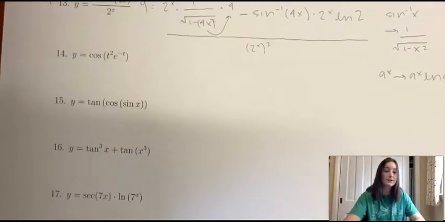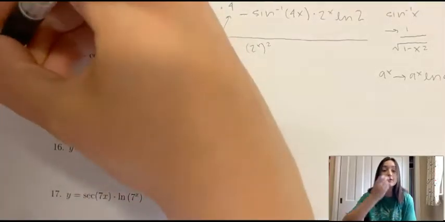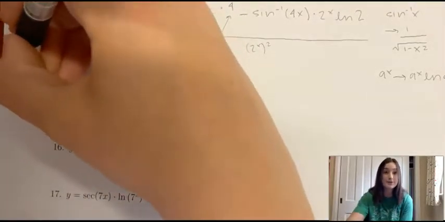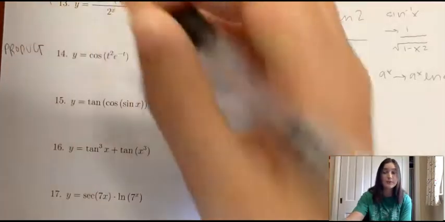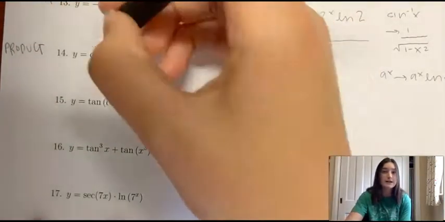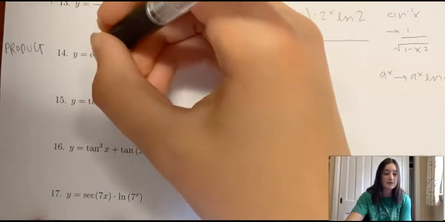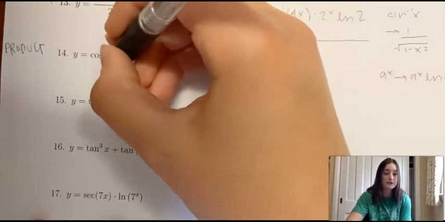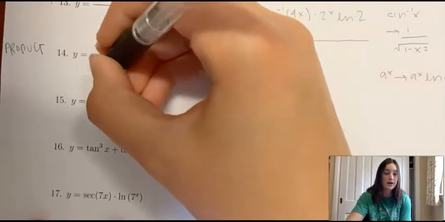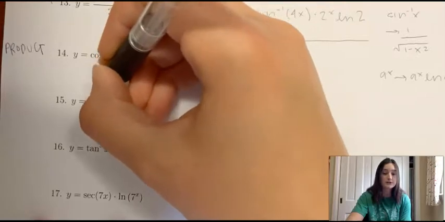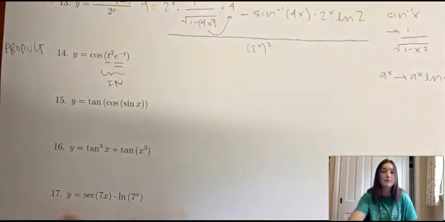Okay, 14 is another product rule, and this is another one where you have to be really careful to recognize chain rule, or you could miss just a really small mistake that's pretty easy to skip over. So right here, I'm going to identify my outermost and innermost functions, and my innermost is going to be the one in that parentheses.